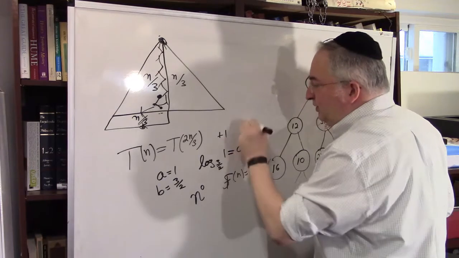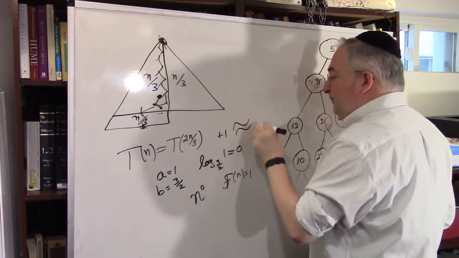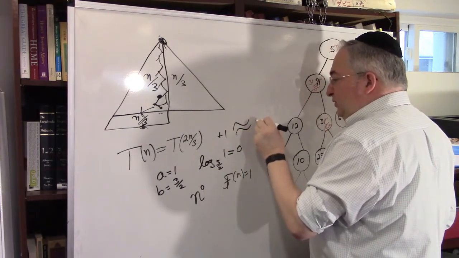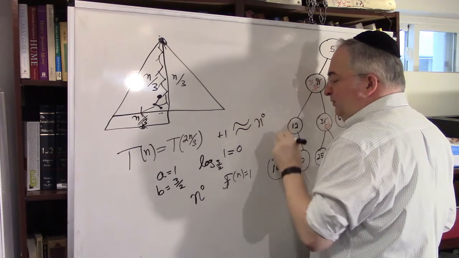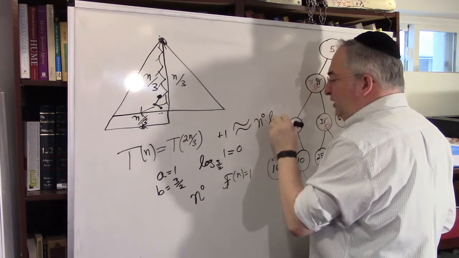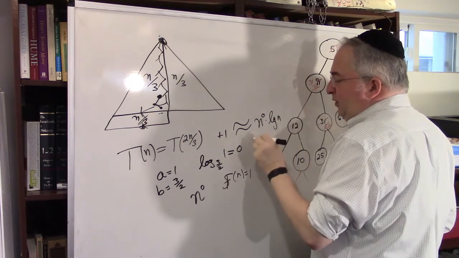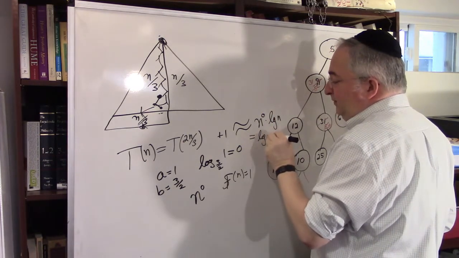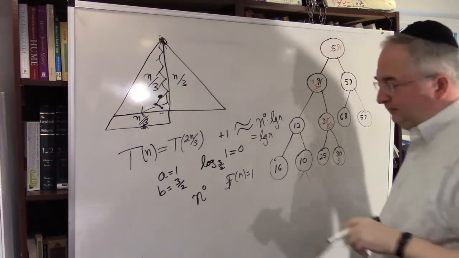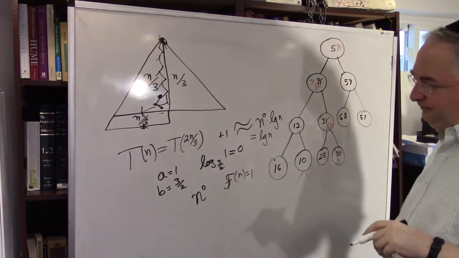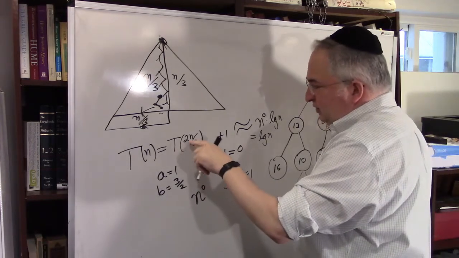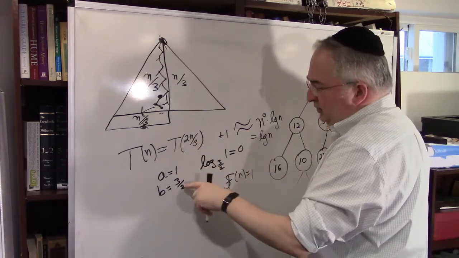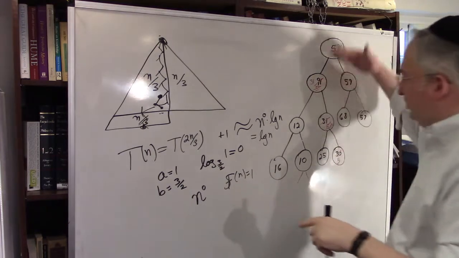And so T of n is equal to n to the 0, or 1, times log of n, which is equal to log of n. Boom. Notice, if you did this with a tree, how tall is this tree?